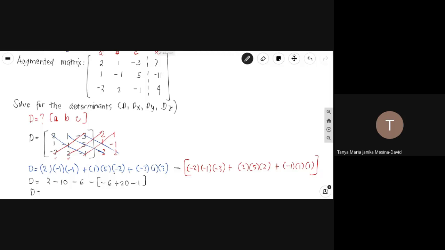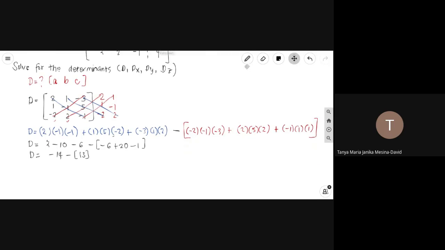Further simplifying, 2 minus 10 is negative 8. Negative 8 minus 6 is negative 14. Minus the bracket again. Negative 6 plus 20 is positive 14. Minus 1 is 13. So D is equal to negative 14 minus 13, and then the determinant of D is negative 27.